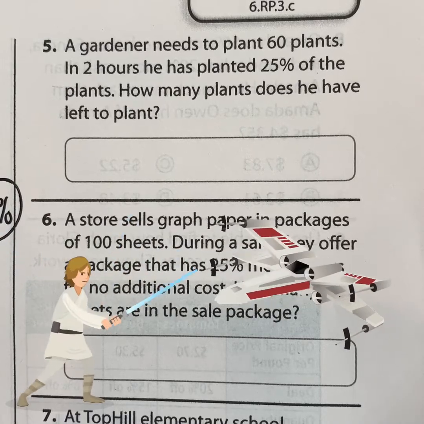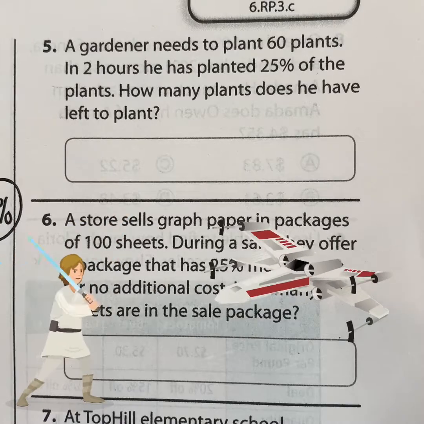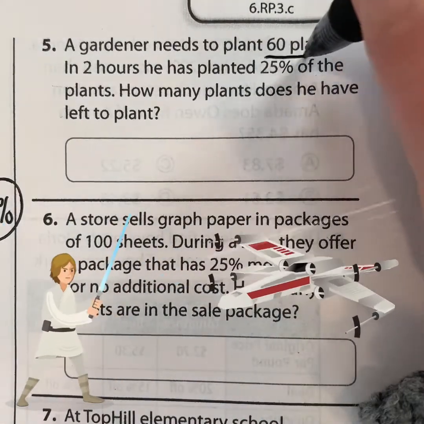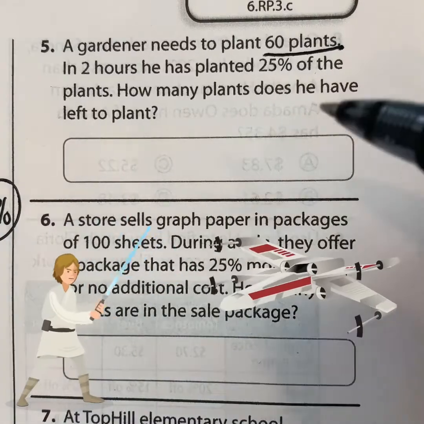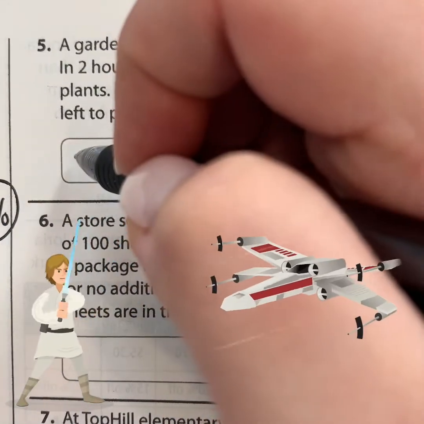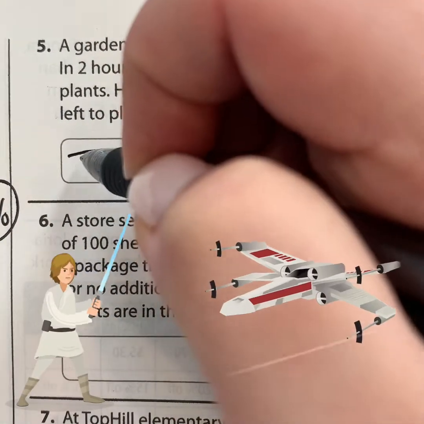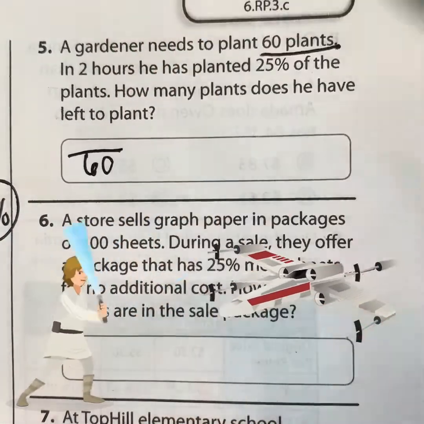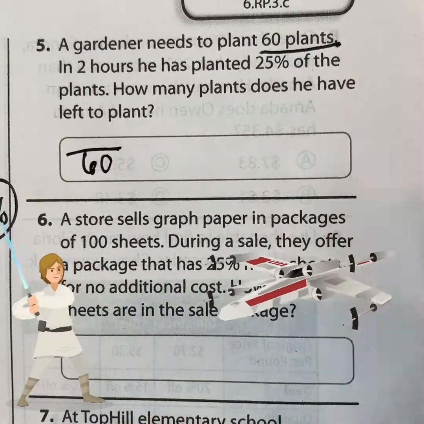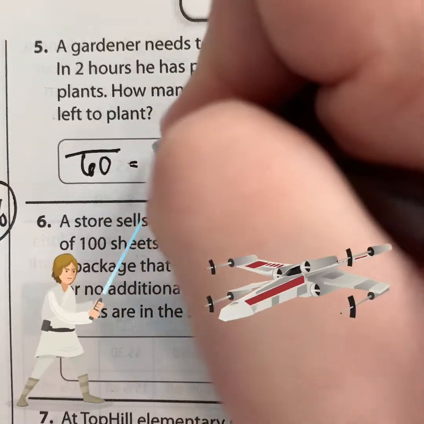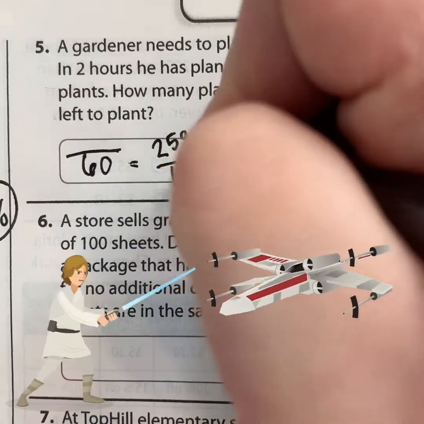So it says a gardener needs to plant a total of 60 plants. So if we're looking at our part to whole ratio, we're going to say that 60 is the whole. And it says he has planted 25% of those plants. So 25% over 100.